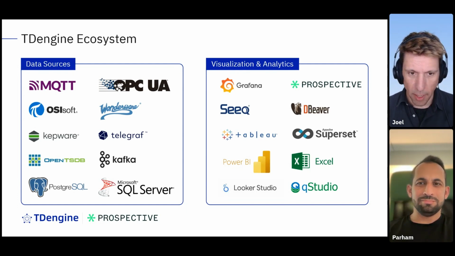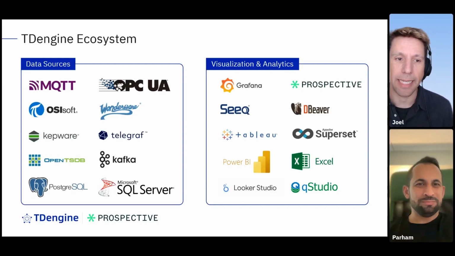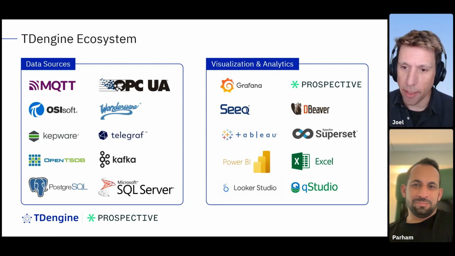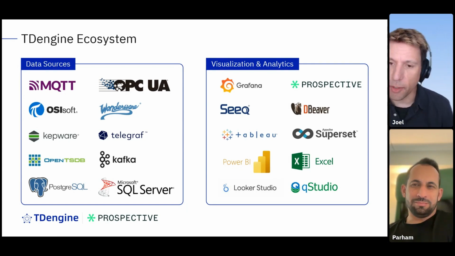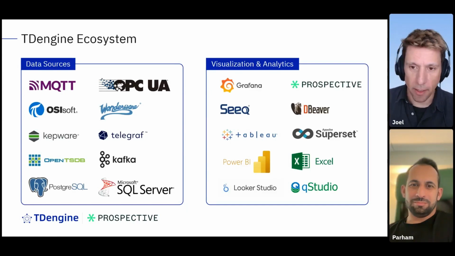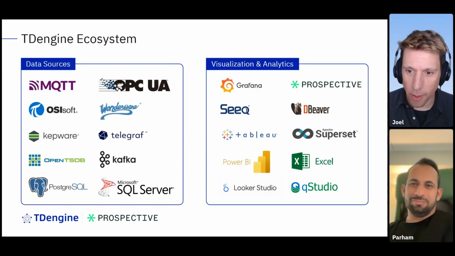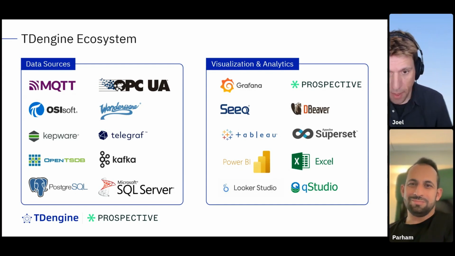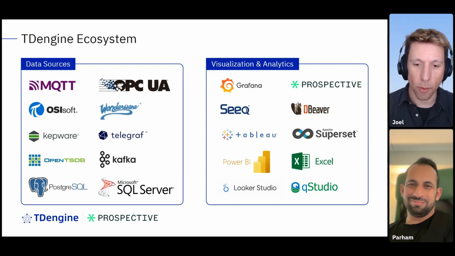I'm not going to say them all, but you can see our data sources on the left. And then for getting your data out of TDengine, we work with a lot of visualization tools from Grafana and Prospective, which we have here today, of course, to just basic stuff like Excel and any other tools you may use.